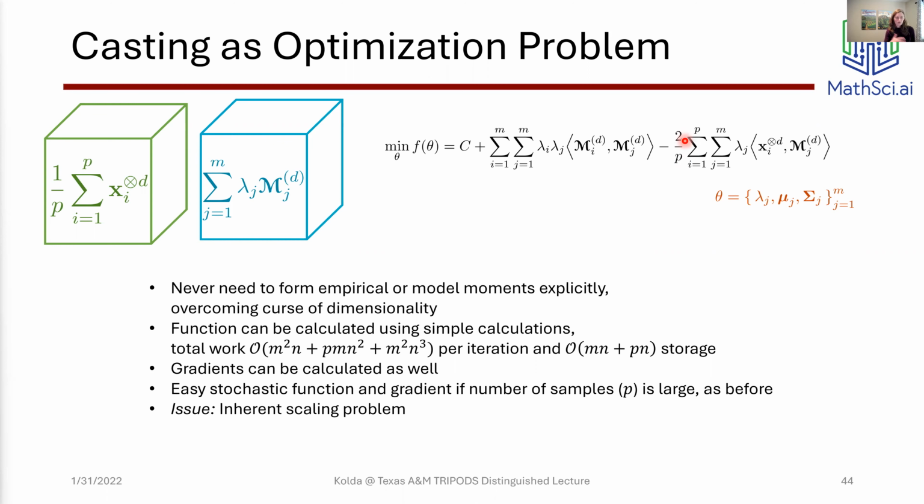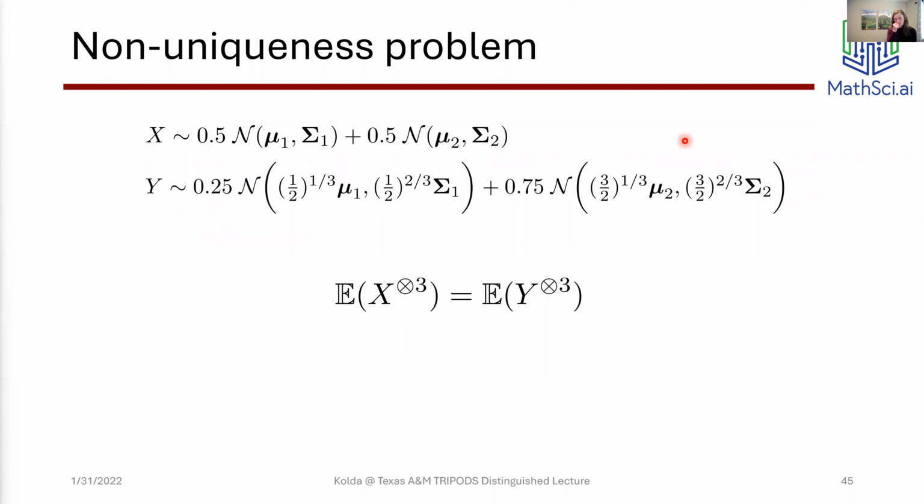And I mentioned before we have this scaling problem, and I didn't really tell you what that was, so let me spend the last couple moments talking about that. There's a funny problem if we're calculating the dth moment, in this case say it's the 3rd moment. If we look at x and y and we look at their 3rd moments, we cannot tell the difference, even though these have different weights and different means and covariances.